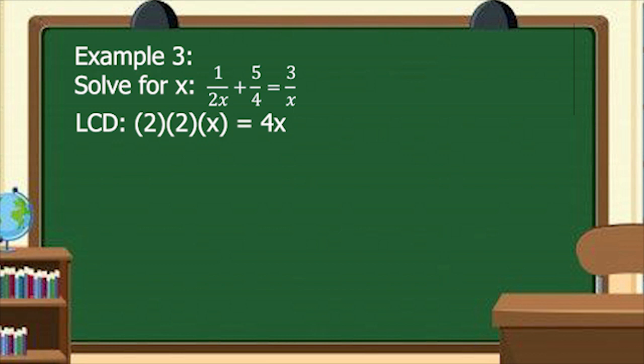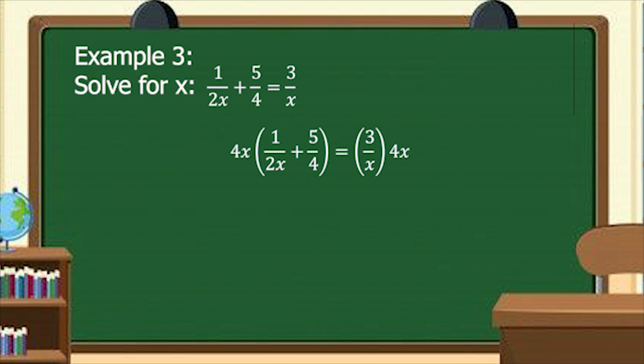Next, we need to multiply the LCD 4x to both sides. We have 4x times the quantity 1 over 2x plus 5 over 4 equals 4x times 3 over x. 4x times 1 is 4x divided by 2x is 2. 4x times 5 is 20x, divided by 4 is 5x.